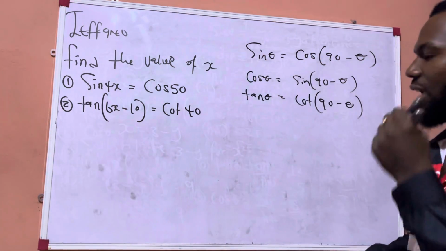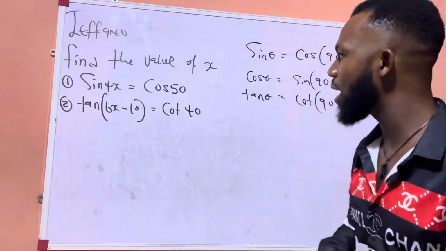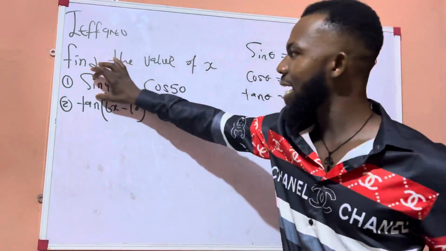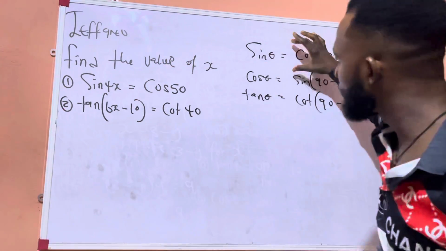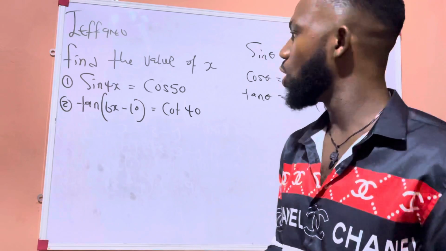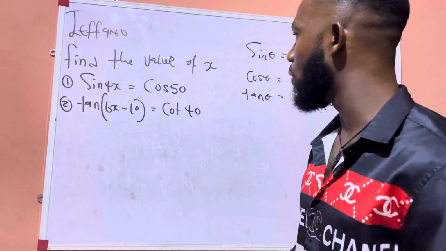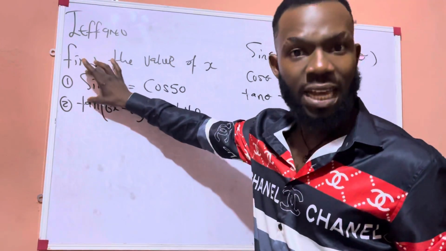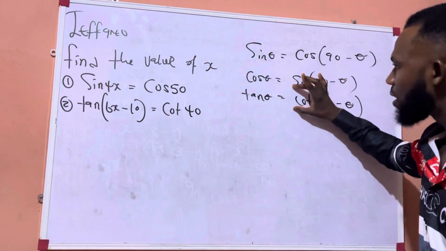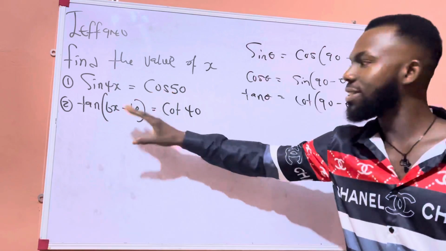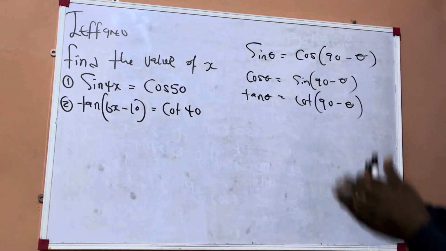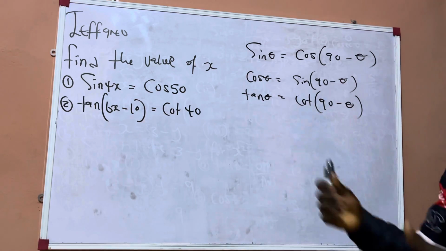If you take a look at this question, sine 4x equal to cos 50 degrees, we can choose to convert sine to cos using formula 1, and also we can choose to convert cos to sine using formula 2. Formula 3 goes with number 2, tan and cot. Now without wasting time, let us see how we can use these three formulas in solving this problem.